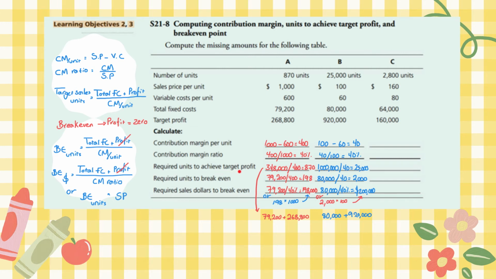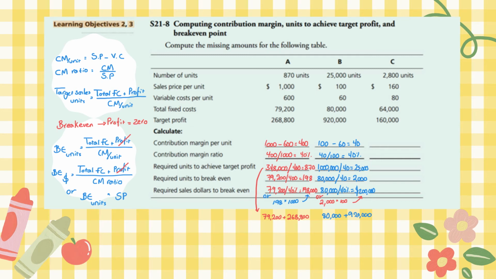Required units to achieve target profit, so how many units do I need to sell to achieve this profit? So it's gonna be fixed cost plus target profit, so it's here. Okay, so you're gonna get 1 million divided by the contribution margin per unit, you're gonna get 25,000 units.